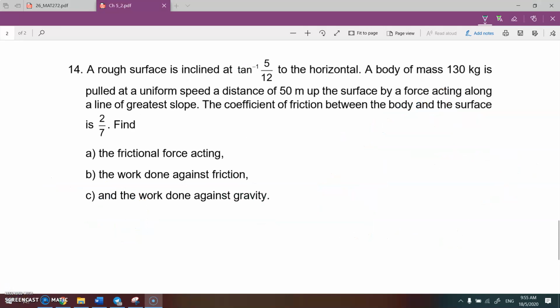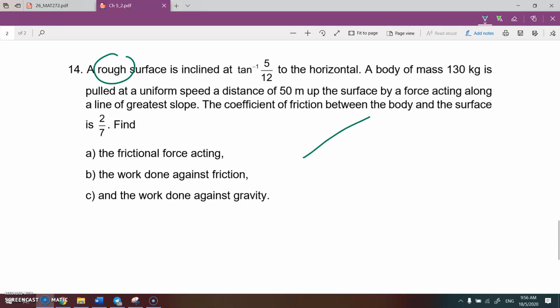Question number 14 is on a rough surface. Just now, question number 13 was a smooth surface and it gave you the resistance force directly. But here you need to find the frictional force first, and then the work done against friction and the work done against gravity.